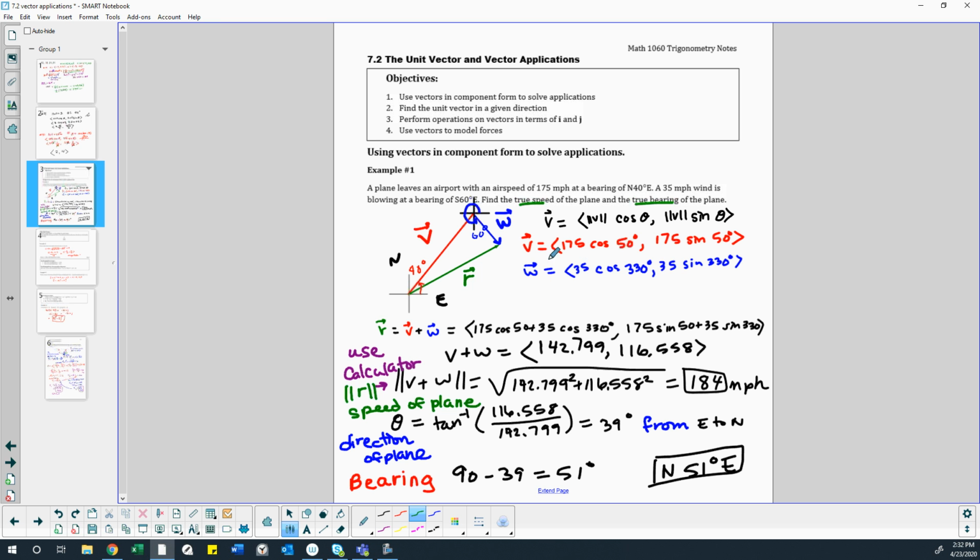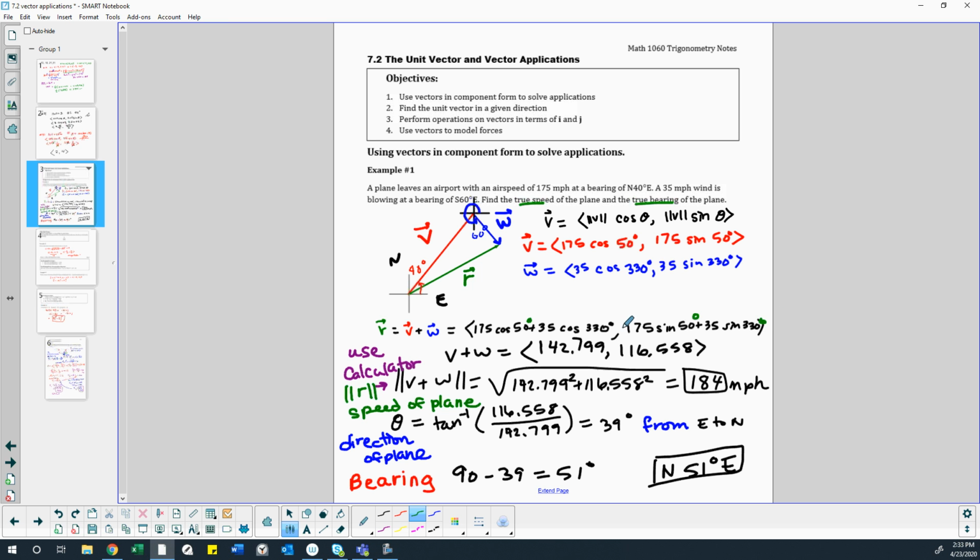To do that, from what we learned last time, all we do is add our horizontal components together: 175 cosine 50 plus 35 cosine 330. And then we add our vertical components together: 175 sine 50 plus 35 sine of 330.